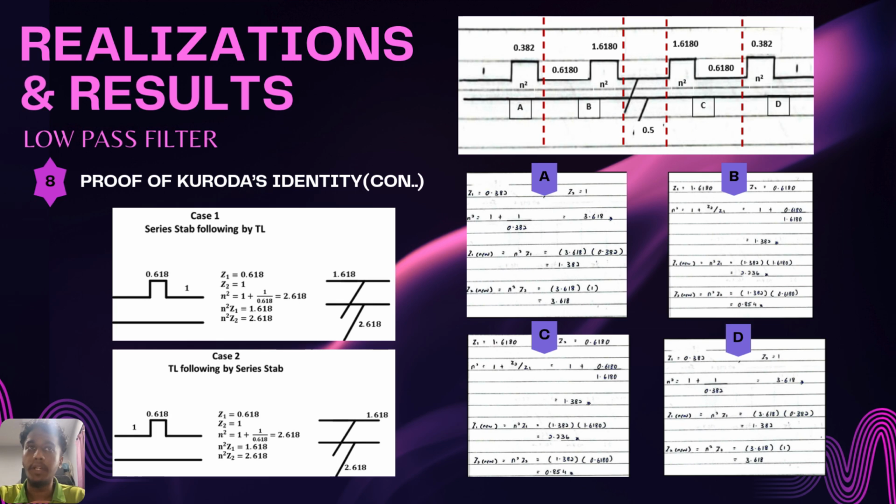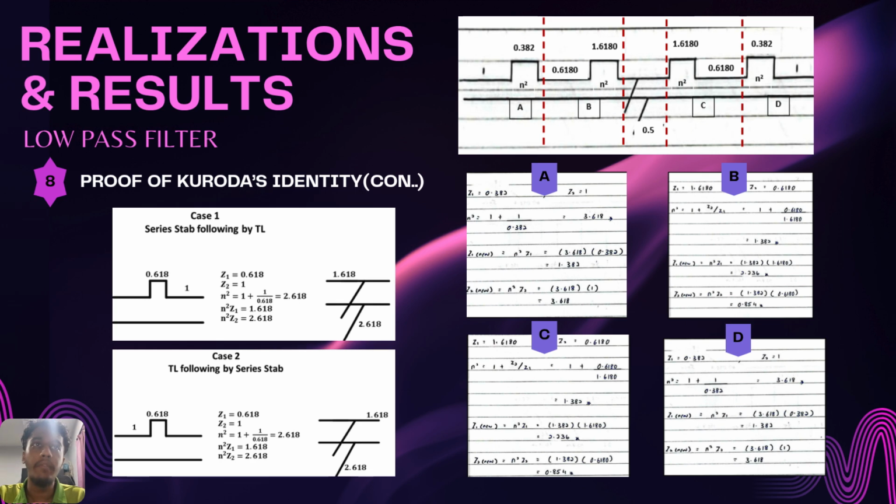Next, we need to transform another time for the short stubs. The middle one, the open stub, we have no need to touch. We have to split the design into 4 different categories, which are A, B, C, D. For this transformation, we have to use another 2 Kuroda identities, which are series stub followed by TL and TL followed by series stub.